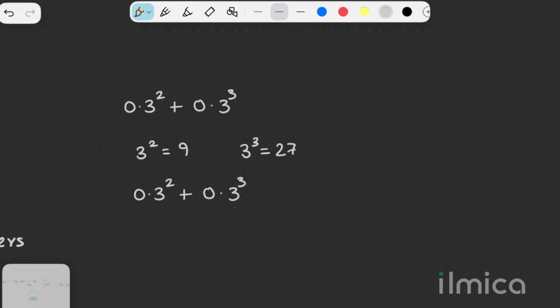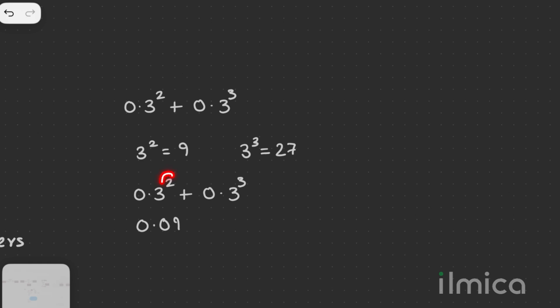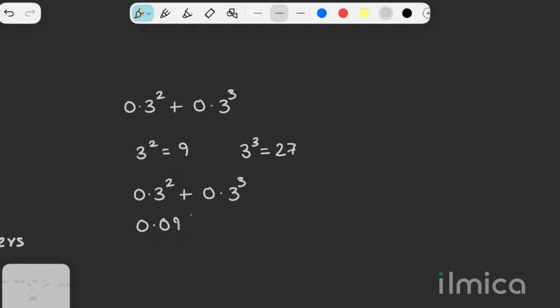But instead of writing down 0.3, 0.9, we will write down 0.09. Remember that the power decides at what position after the decimal the number will be written. Because it is 2, the 9 will be written at the second position. Plus 0.3 cube. So again, 0.00. And now we will write down the number, which is the third position, 27.